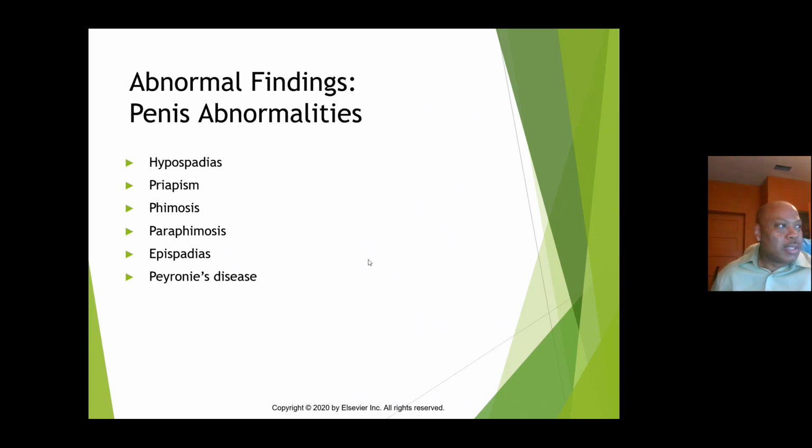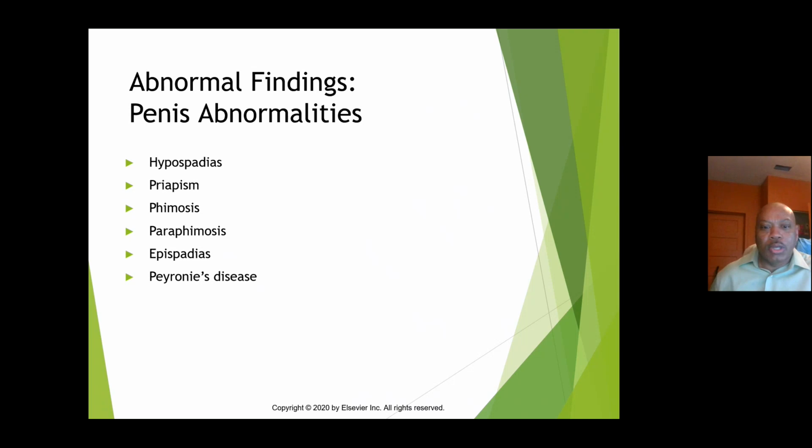All right, so those are some of the penile issues that you might see. When I talked about the hypospadias and epispadias, this is when the urethra is not centrally located as it normally is. And that information is on page 705.